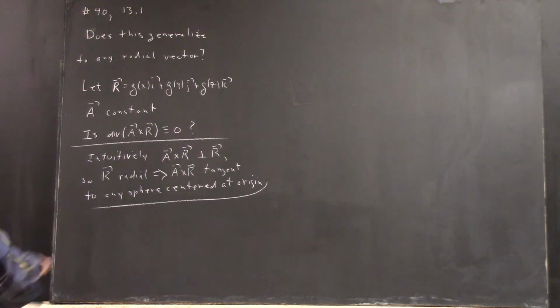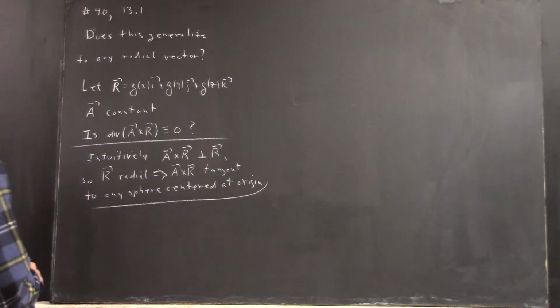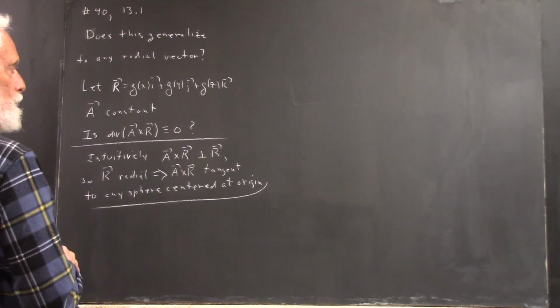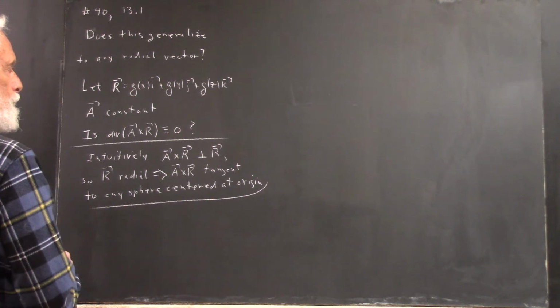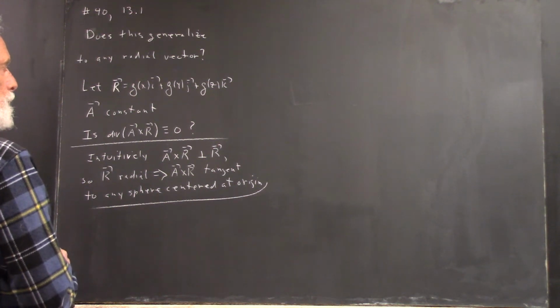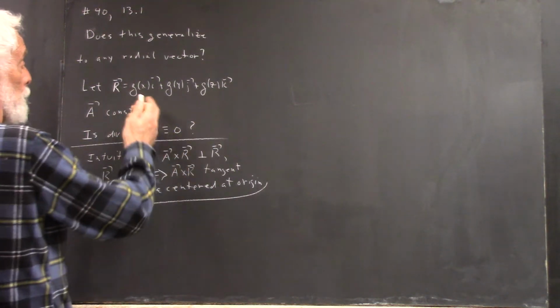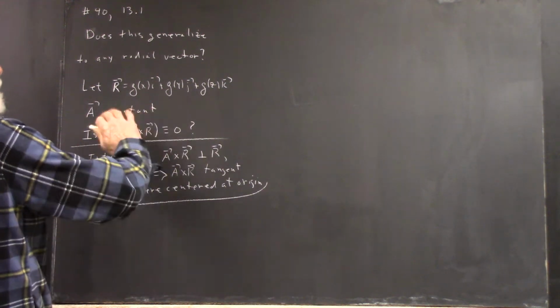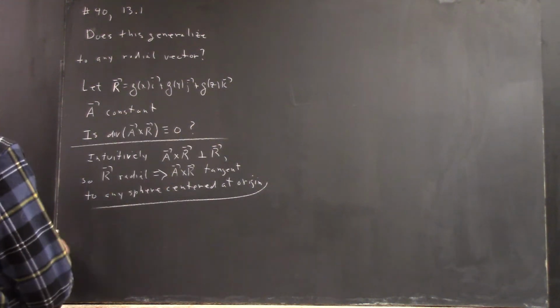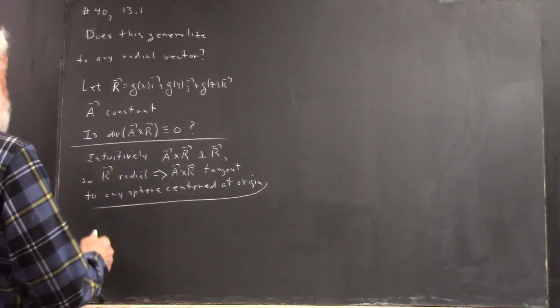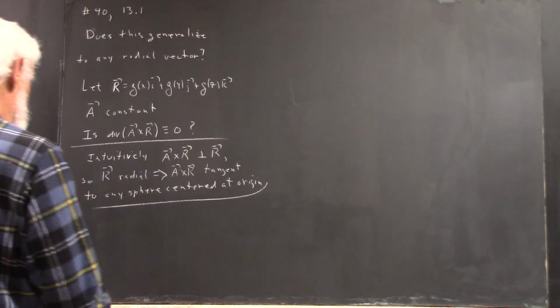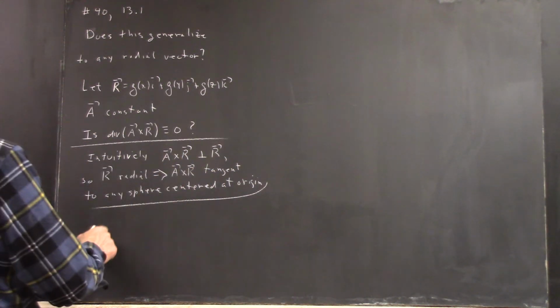Well, yeah, let's go on with it. It doesn't seem like it's going to be true, even radial for any arbitrary g. Let's work it out and see for what g's this might be true, if it doesn't work for just any g.